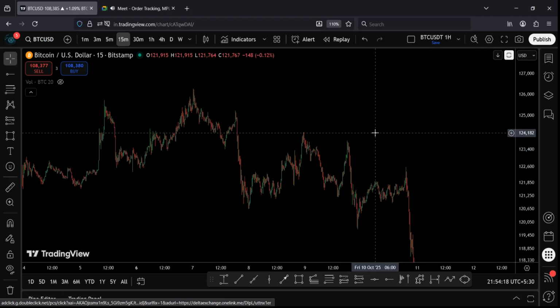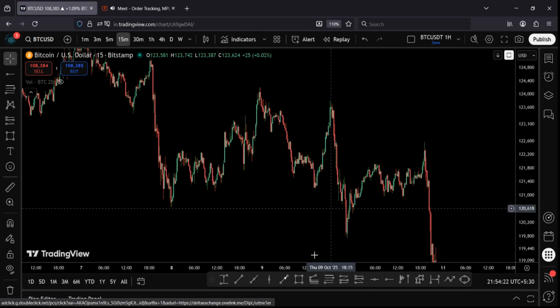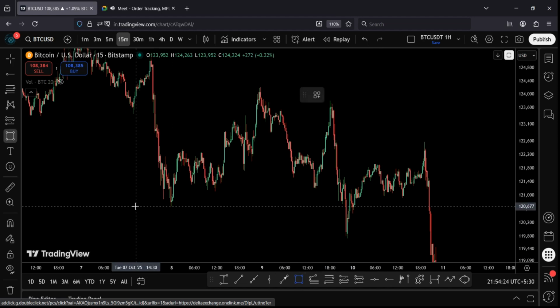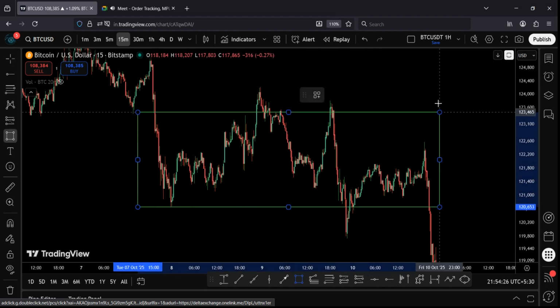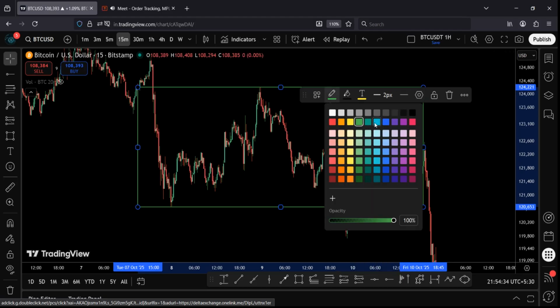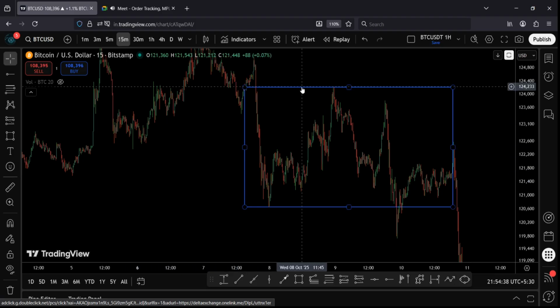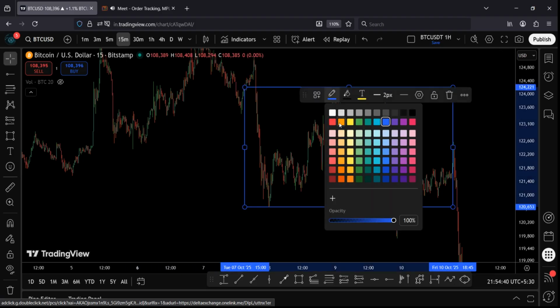Okay, this one was a good example, and we will take it here. Look at this. This is a bearish example. We are taking this one. Goes up, came down, goes up. And this. We are taking this. Just make it orange as usual.